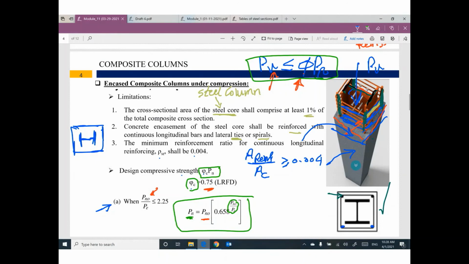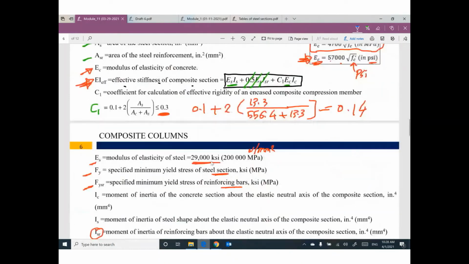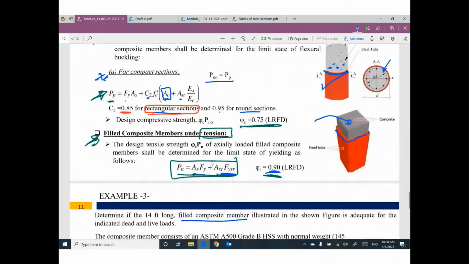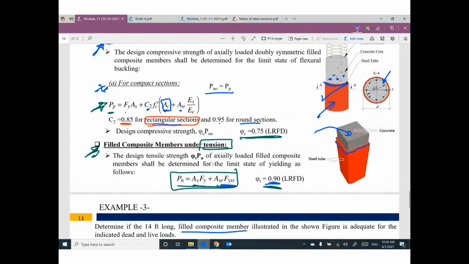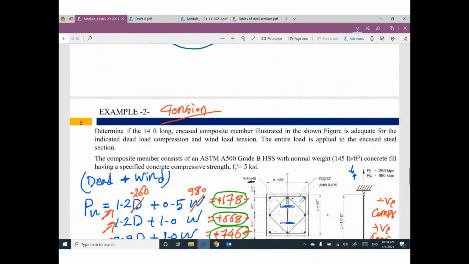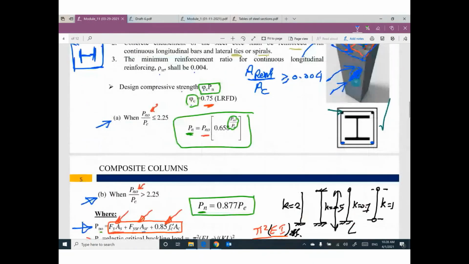The second one, concrete outside, steel embedded. This one is good fire protection. But in the filled case, no, the steel is outside and the concrete is inside. So if you have fire, no way, the steel will be affected first. So this is a disadvantage. One more thing, corrosion.